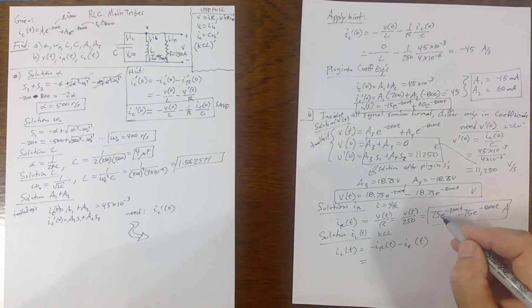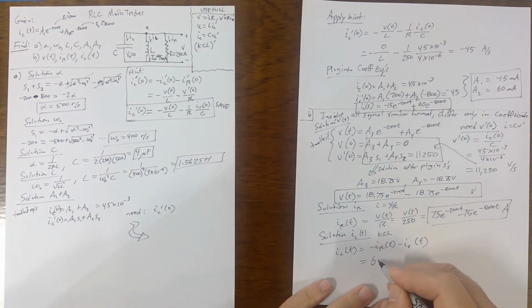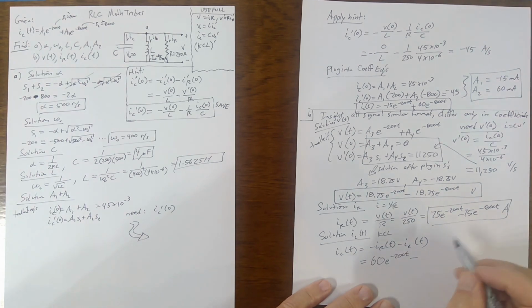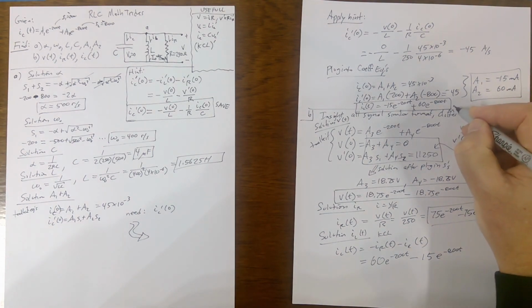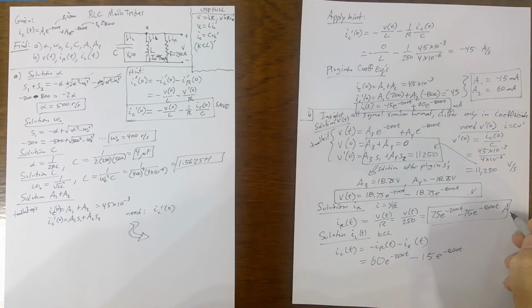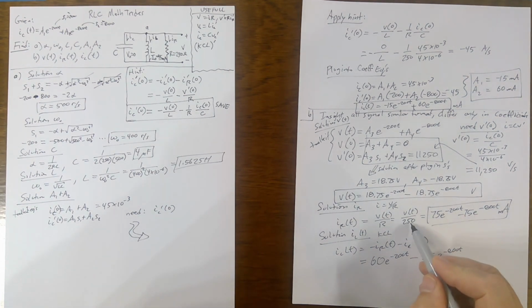So 75 minus the negative 60 is 60 e to the minus 200t, minus 75 and 60 is going to be 15 e to the minus 800t. And this is amps. I got milliamps in here floating around somewhere. These are milliamps, I think, because 250 is kind of big.